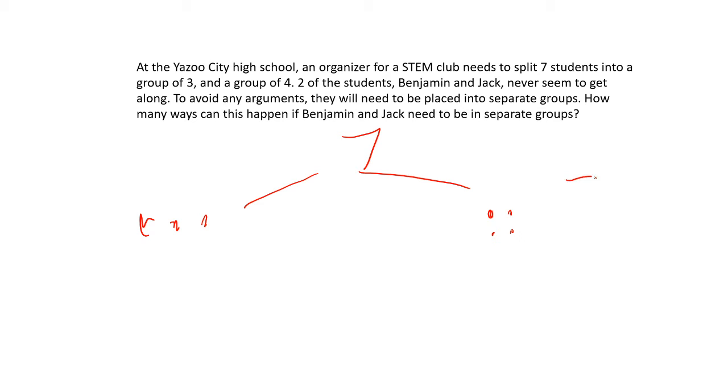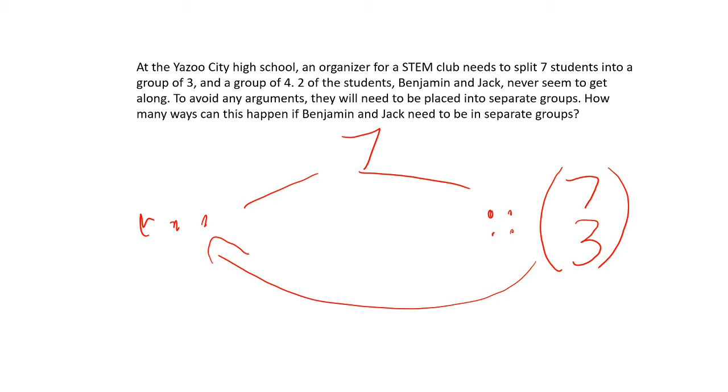I have 7 students, and I'm choosing 3 to be in the group of 3. So this is 7 choose 3 ways to place them in the group of 3. Now we've placed 3 students. We have 7 students total. That means we have 4 students left.